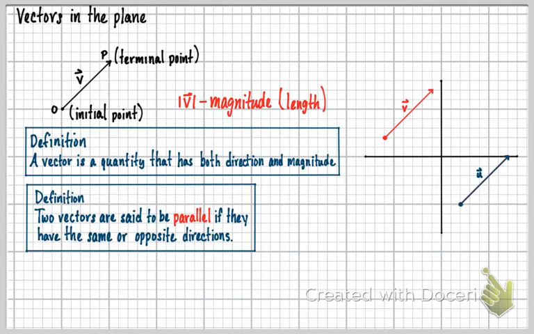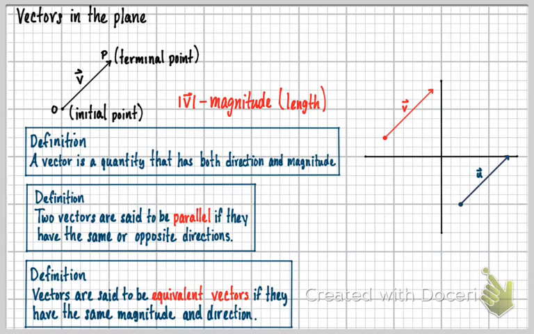And equal vectors, or equivalent vectors, are those that have the same magnitude and direction. So u and v are equal vectors, and also parallel vectors.